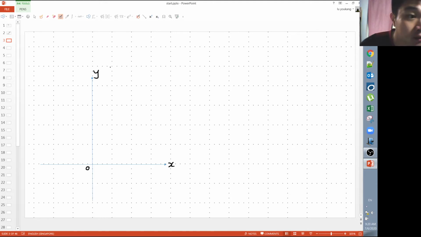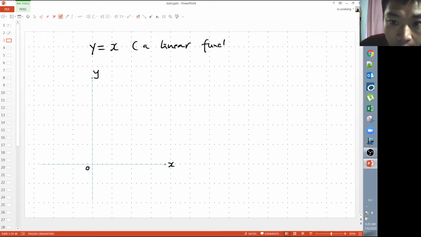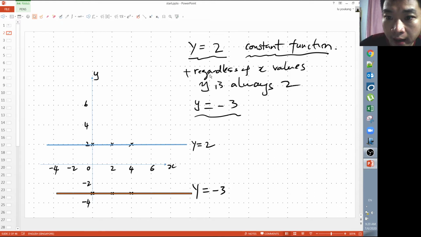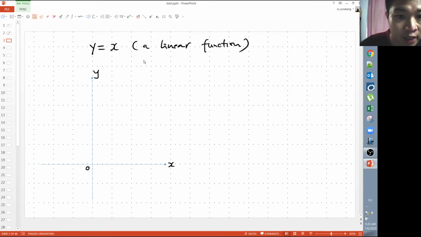And for this example, I'm going to draw y is equal to x. Okay, so over here you have a linear function. Just now you have a constant function, and regardless of your x values, your y value is always the same. Okay, so over here you have a linear function.